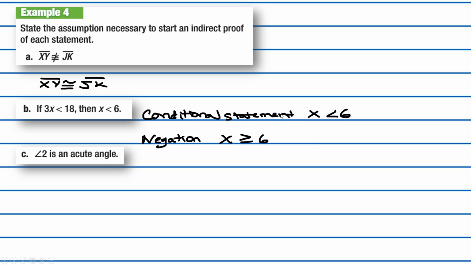Okay, so angle 2 is an acute angle. Well, we can say if angle 2 is an acute angle that is false, then angle 2 is not an acute angle.